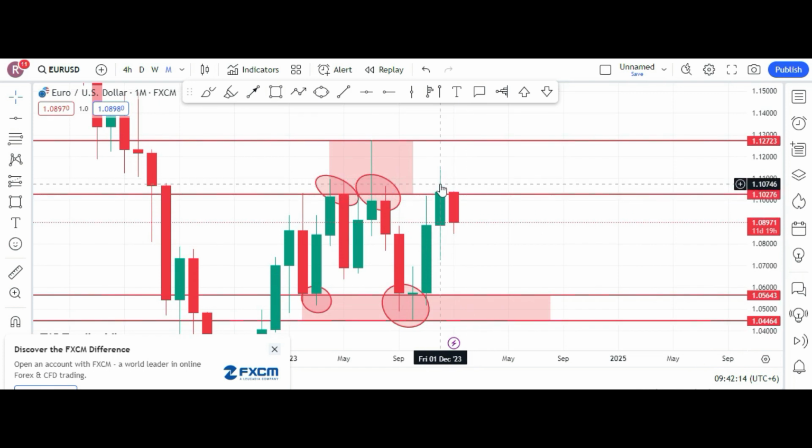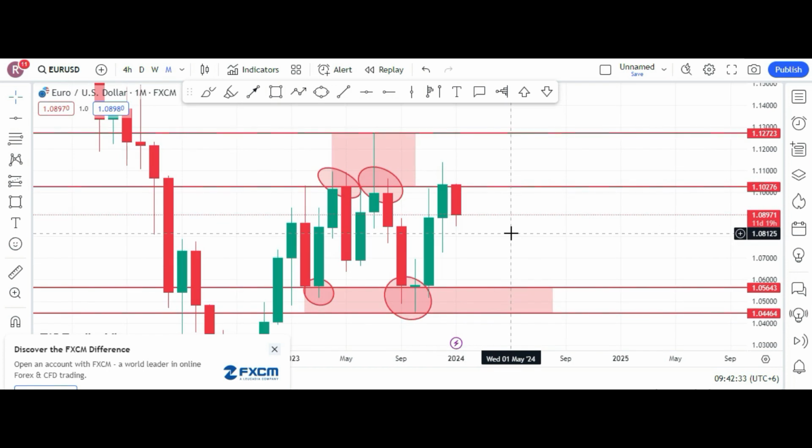You can see in December it tried to break this area, it didn't make any higher high. Considering the last 1, 2, 3, 4 months, in December it tried to break out, but it failed, and in January it is coming down as per the current candle, this bearish candlestick.